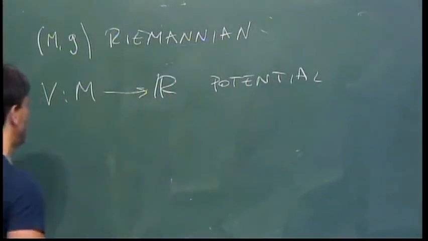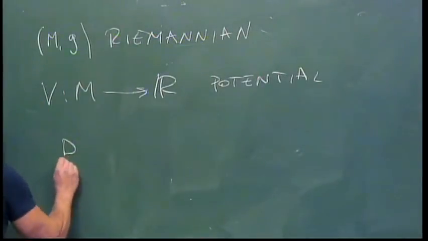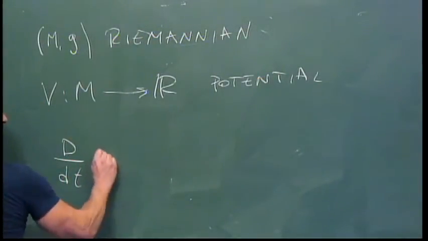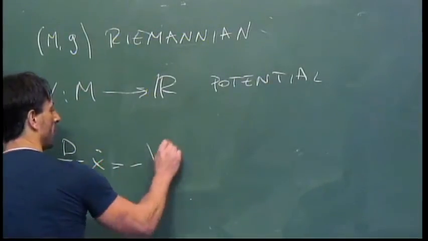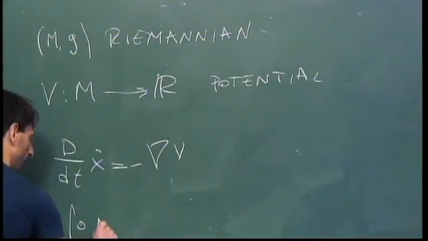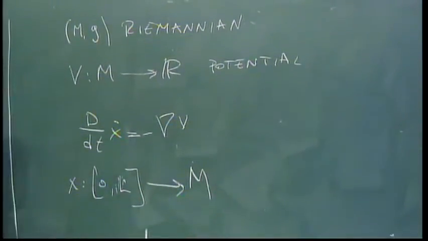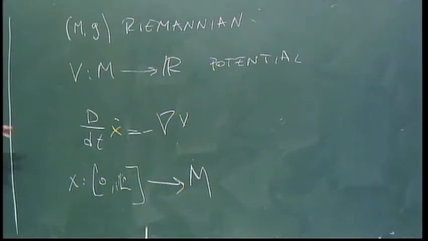And then we look at the equation: second derivative of x equals minus the gradient of V. X is a curve in M. So solutions of this equation represent trajectories of a conservative Lagrangian system.